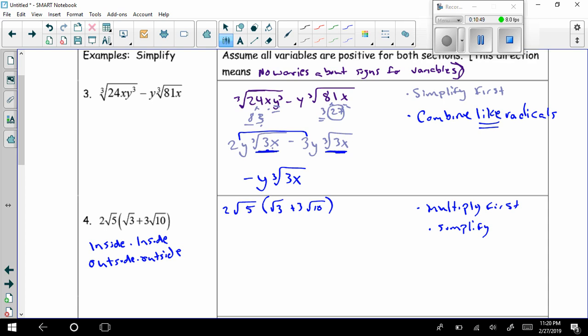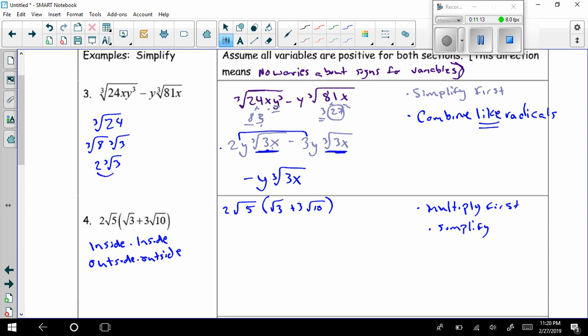If I go up here, for example, I have this simplified. Let's just use 24. The cubed root of 24, when I broke that down, I have the cubed root of 8 times the cubed root of 3. Well, this is 2 times the cubed root of 3.